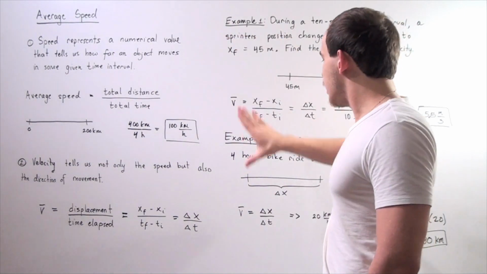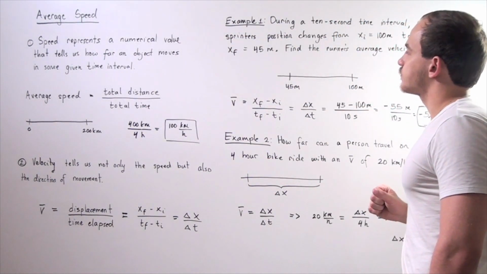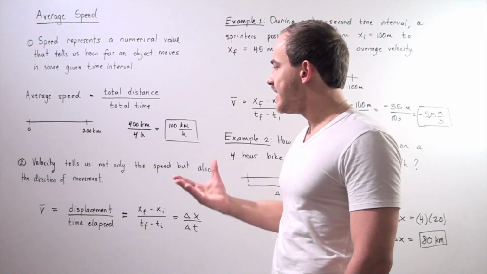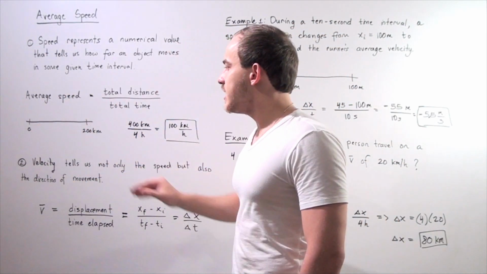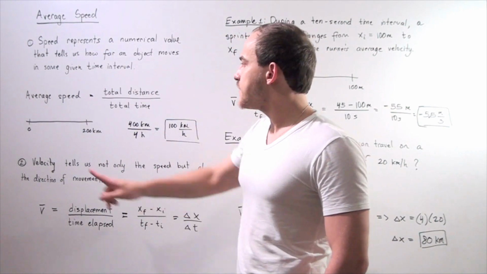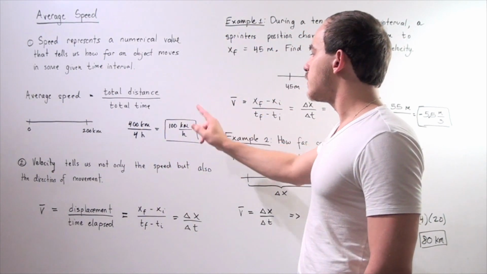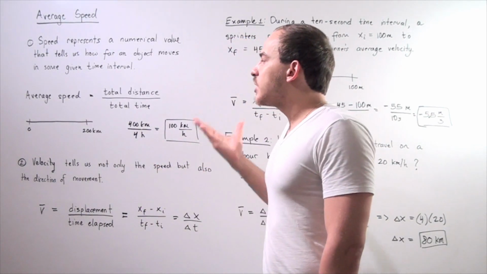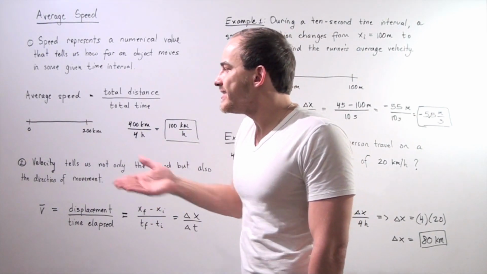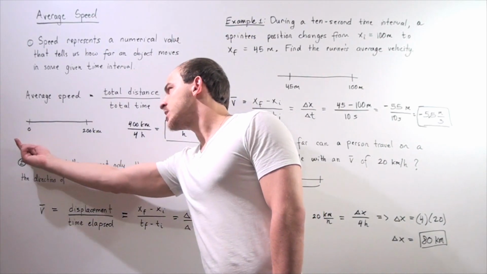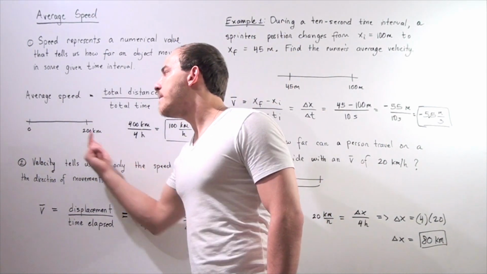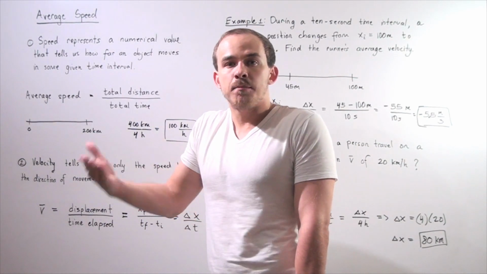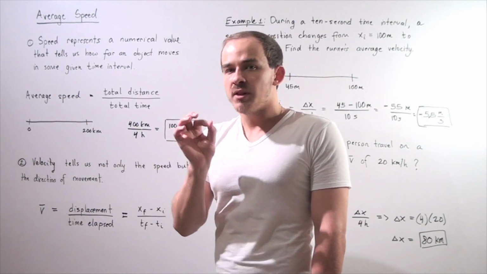So let's look at the following two examples. Let's go back to this example. Let's do a quick calculation and see what the average velocity of our car was. We know the average speed was 100 kilometers per hour. What about its average velocity? Well, if the car begins at some point 0, travels 200 kilometers this way, 200 back to the same exact point, so it ends up at the same point, what was our car's displacement?